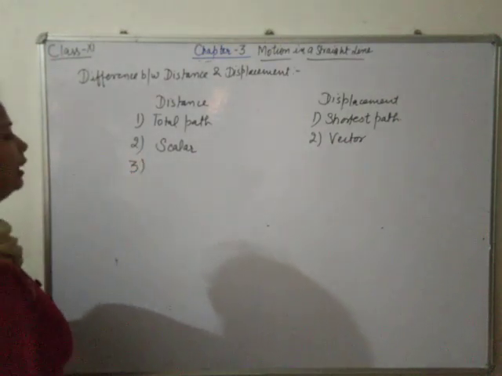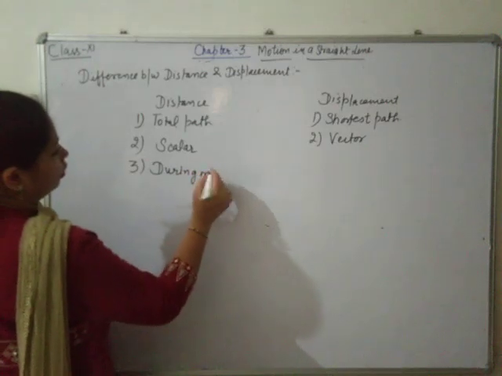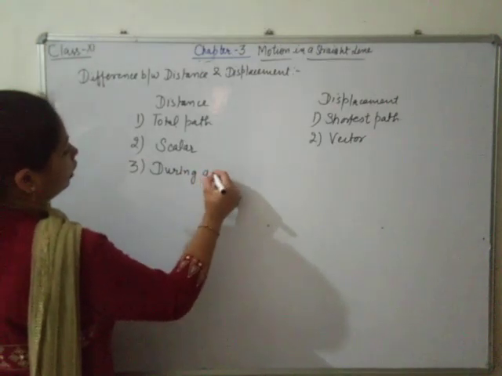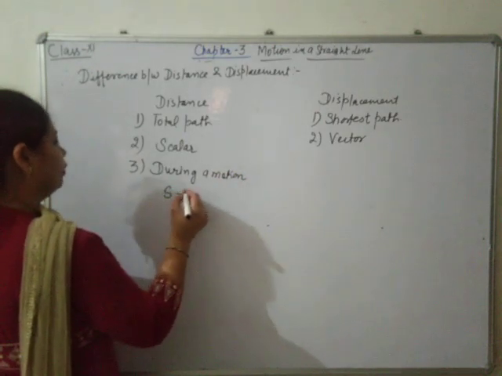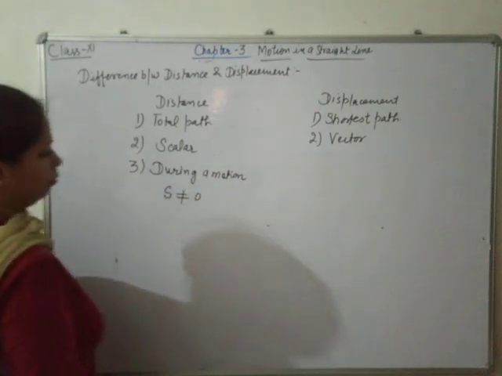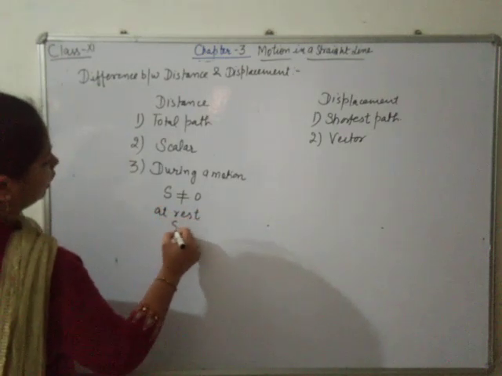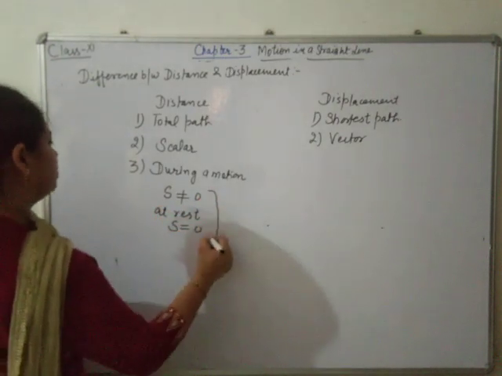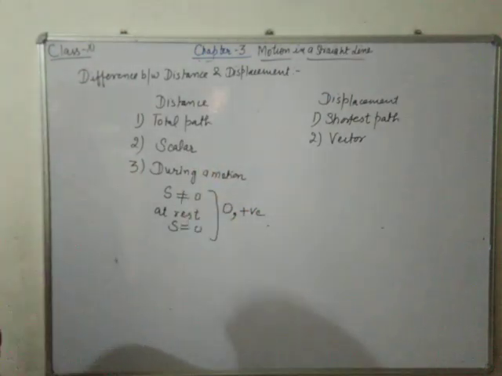As it is a scalar, during a motion distance will not be equal to 0. But if a body is at rest, distance will be 0. What does it mean? Distance can be 0 or positive.